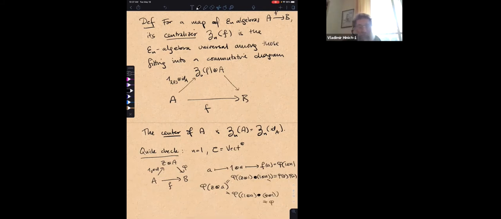And this is phi of A, phi of Z. So if I can make a commuting diagram like this, then the image of phi of Z inside of B has to commute with the image of phi of A. But phi of A, of course, is just F.